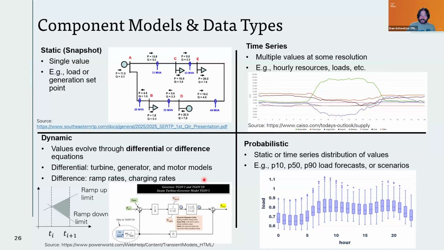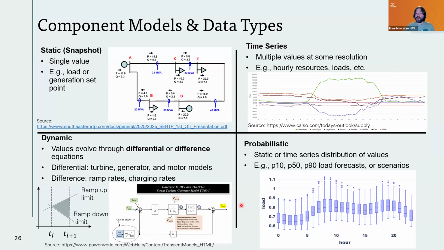But dynamic data is also difference, which is something like the ramp rates or the charging rates that you see in more production cost model type of formulation. So dynamic does not need to be very, very quick time studies. It can also be these slower dynamics in terms of discrete time.